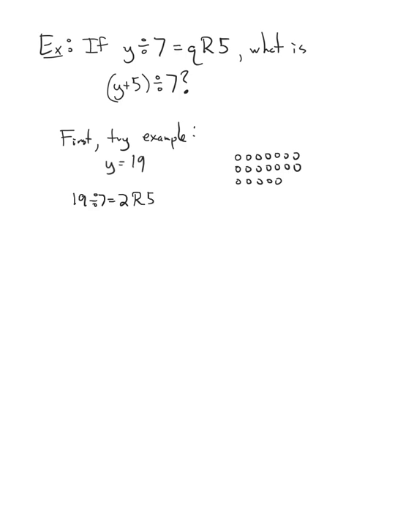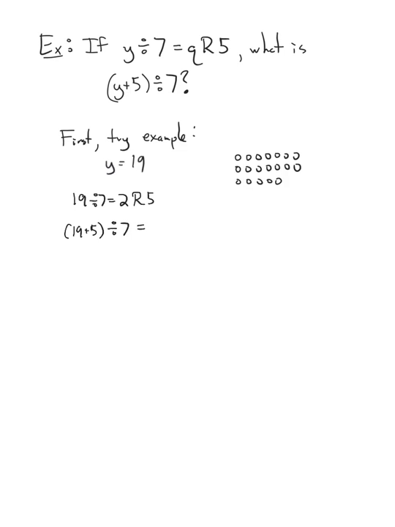And there's nothing special about the 2, it's just the number of groups I have. Well, what happens if I add 5 to 19? Because that's what the question wants me to do. Let's check it out. Now let's do 19 plus 5 divided by 7. Remember, we're interested in what's going on, not just the answer.